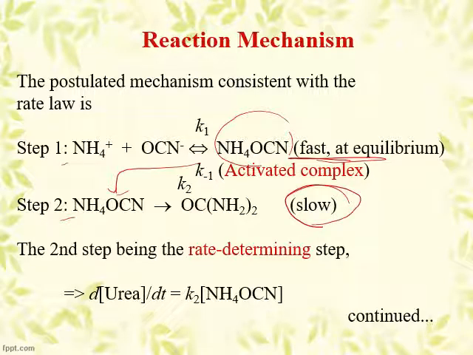So when you write the rate law based on the slow step, you would put NH4OCN, which is actually the intermediate or the complex, and it shouldn't be in the rate law, because, like I mentioned earlier, it is too fast to be measured by instrumentation.